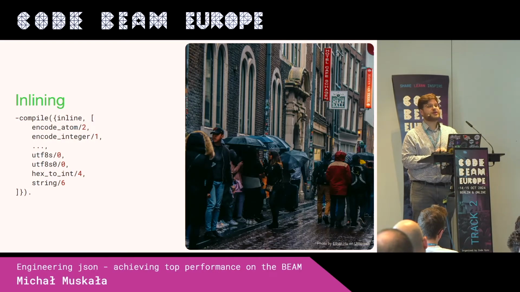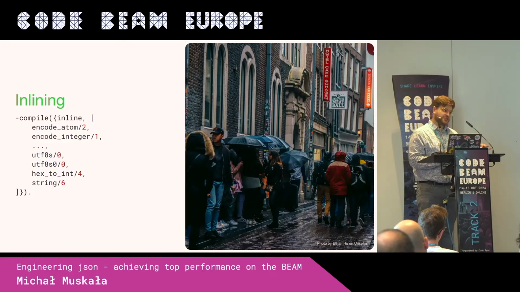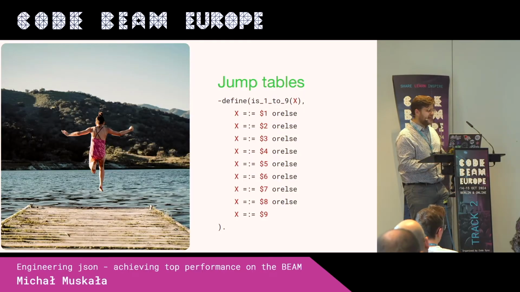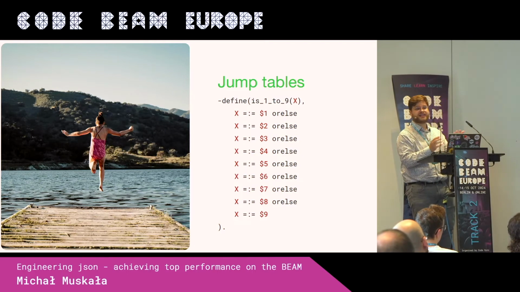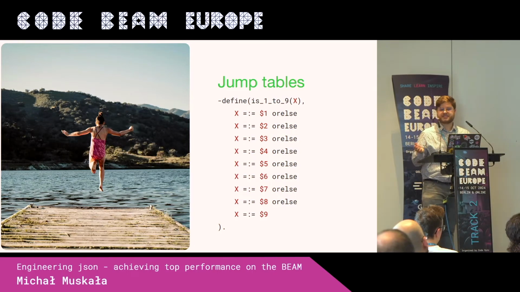Though you also have to be careful because inlining is not always an optimization. Right? You can make things worse because it blows up the size of the code, and this might end up slower. Another, I think, interesting thing is, naively, if you want to check if something is between 1 and 9, you'd use just 2 comparisons.